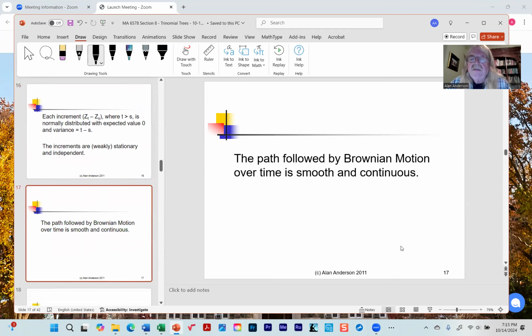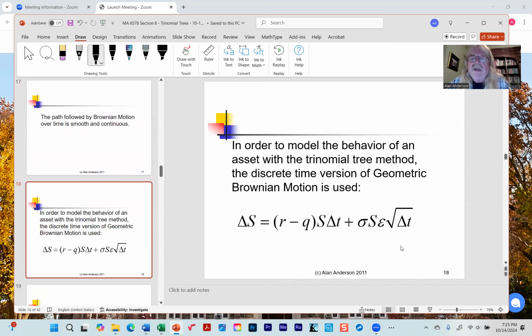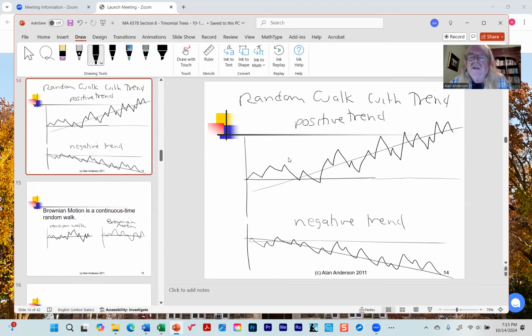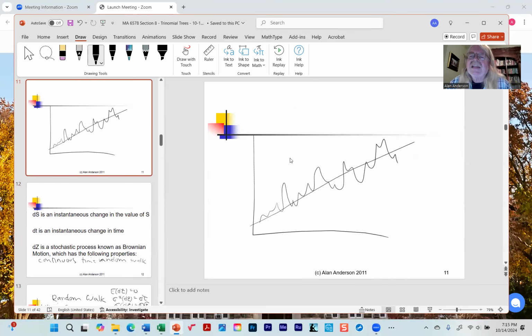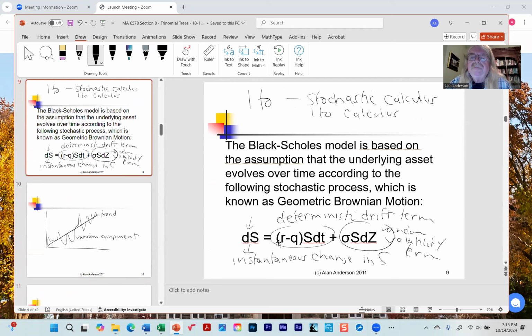Anyway, in practice, of course, you can't actually implement this in the computer the way it's written, because these are, like I said, infinitesimally small changes. dt is an infinitesimally small change in time. dz is an infinitesimally small change in the value of the Brownian motion process.